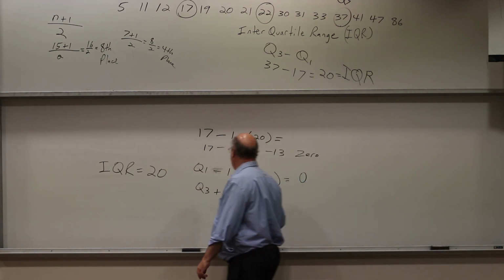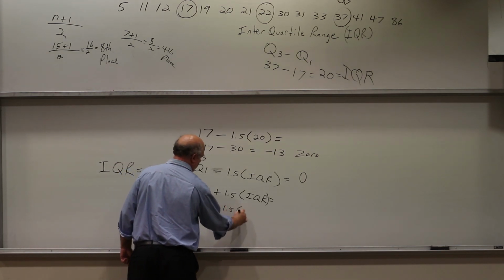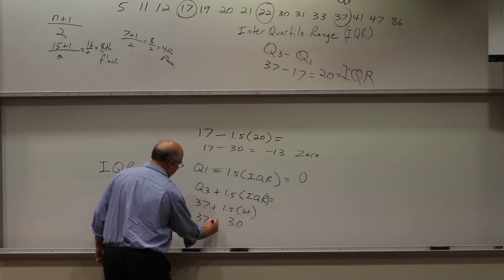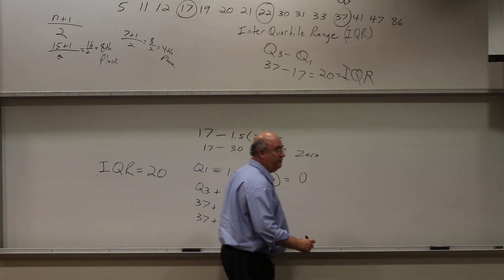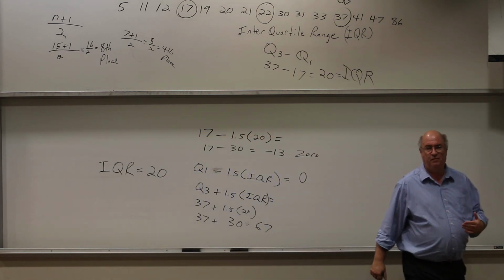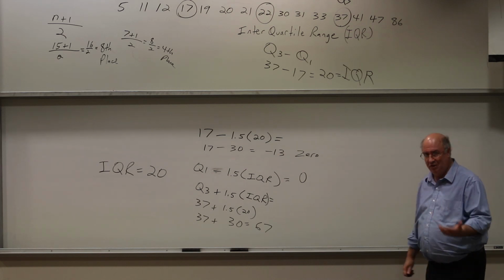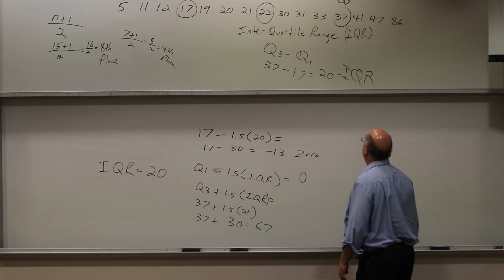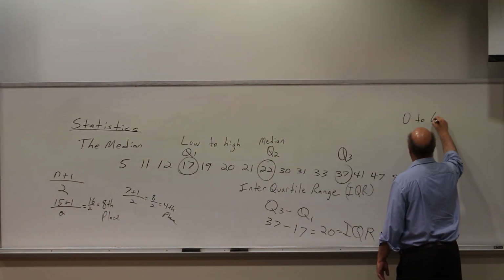Quartile 3 was 37, plus 1.5 times 20, which is 30, right? 37 and 30 is 67. So we have going from negative 13, or since you can't have negative, 0, up to 67. Here's our numbers, right? 0 to 67.